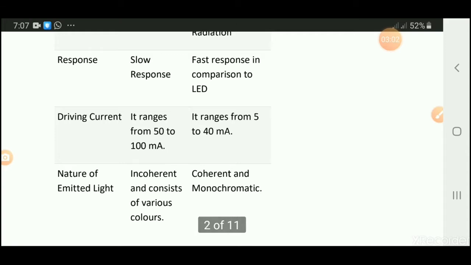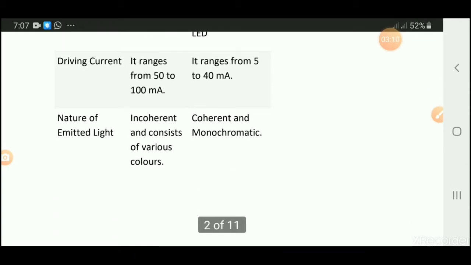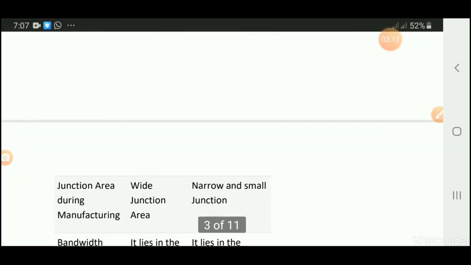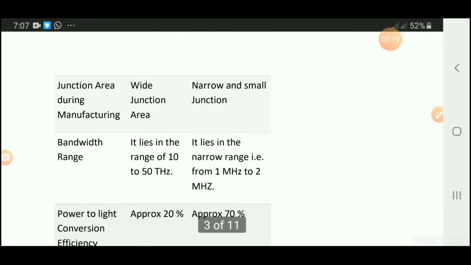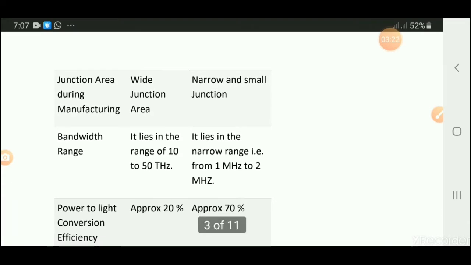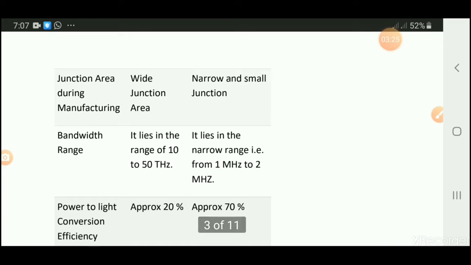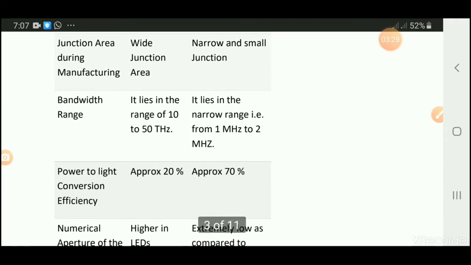Nature of light: the emitted light of an LED is incoherent and consists of various colors; laser light is coherent and monochromatic. Another comparison, junction area: LED has a wide junction area; laser has a narrow and small junction. Bandwidth range: LED lies in the range of 10 to 50 terahertz; laser lies in a narrow range, that is from 1 megahertz to 2 megahertz.